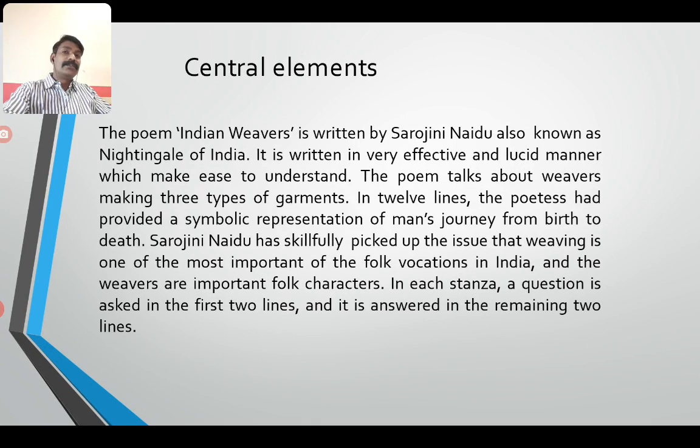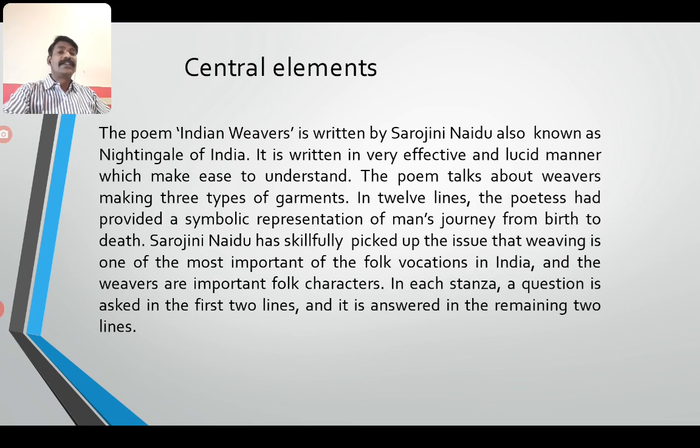Now we're coming to the central elements of the poem. The poem Indian Weaver is written by Sarojini Naidu, also known as the Nightingale of India. It is written in a very effective and lucid manner, which makes it easy to understand. The poem talks about weavers making three types of garments. In 12 lines, the poet provides a symbolic representation of man's journey from birth to death.